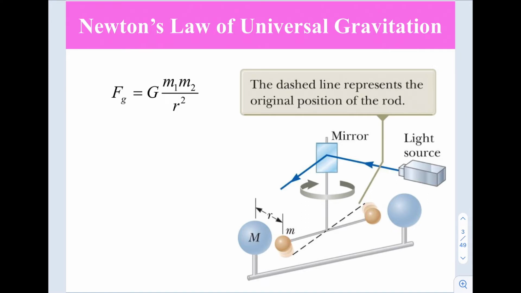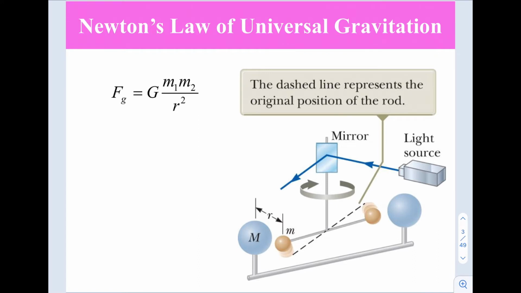Another set of spheres, capital M here, is brought close to the small sphere. What will happen is the brown sphere is going to move towards the blue sphere, showing that it has attractive force based on Newton's law of universal gravitation.